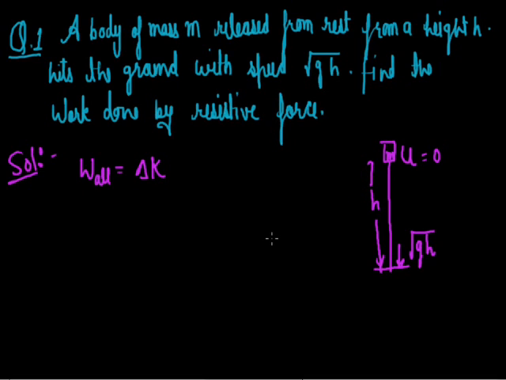Here there are two forces acting on the body, gravitational force and air resistance force. So we can write: work done by gravity plus work done by resistive force equals change in kinetic energy, meaning K final minus K initial.